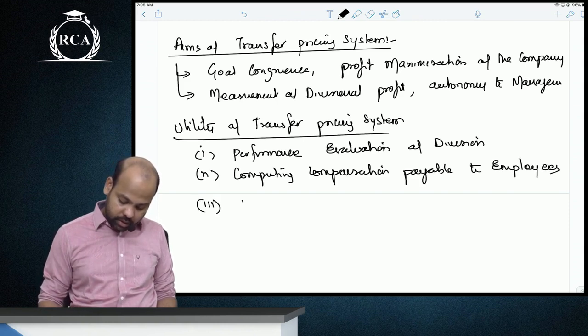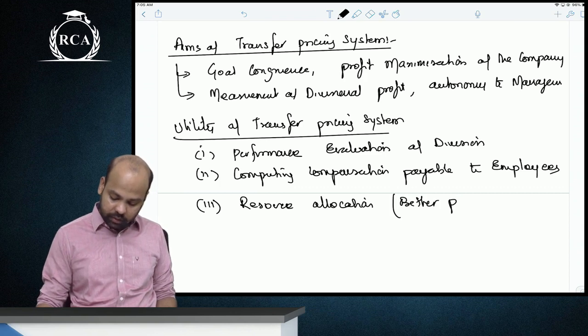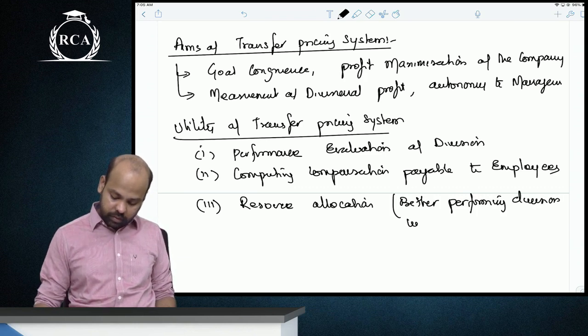Then resource allocation. Better performing divisions would get higher capital, higher resources. You will know which division needs what resources.